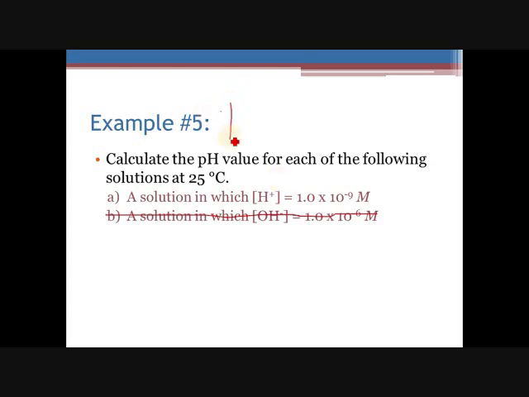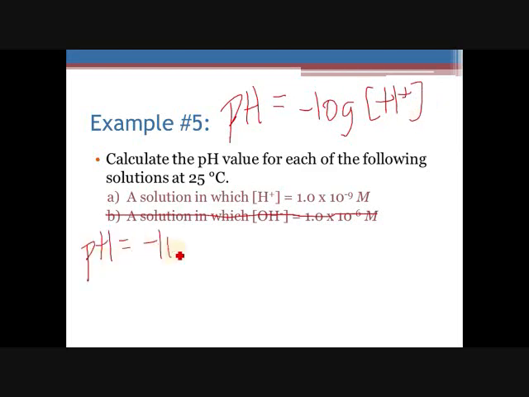Okay, so remember our equation is the pH is equal to the negative log of the H plus. So to plug in, we've got 1.0 times 10 to the negative 9.